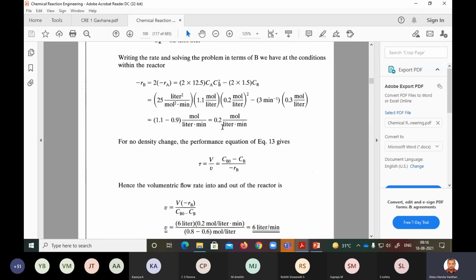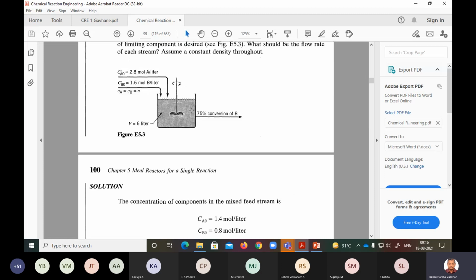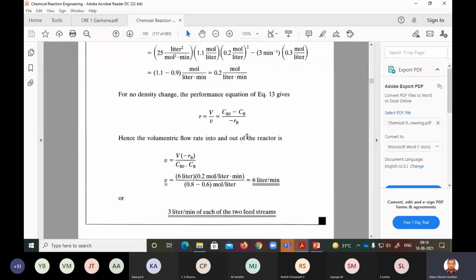You know that there is no density change, and the performance equation is for a mixed reactor. Therefore, tau is V by V naught, which is nothing but CB naught minus CB by minus RB. Now we want the volumetric flow rate. Tau is nothing but V times RB by CB naught minus CB.